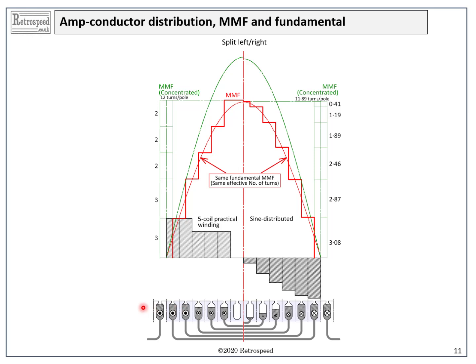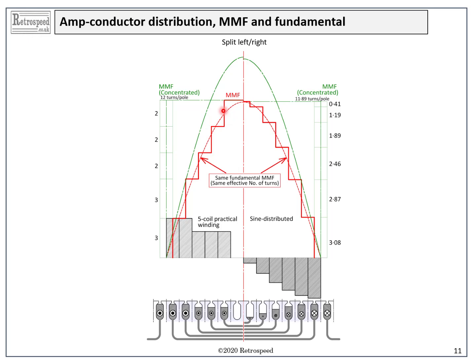At the bottom we see all the coils, the actual coils, the slot fill shading and the coil side markers are scaled to the number of turns in each slot. We also see the histogram of the ampere conductors in each slot, and the integral of this distribution is the stepped MMF wave in red.